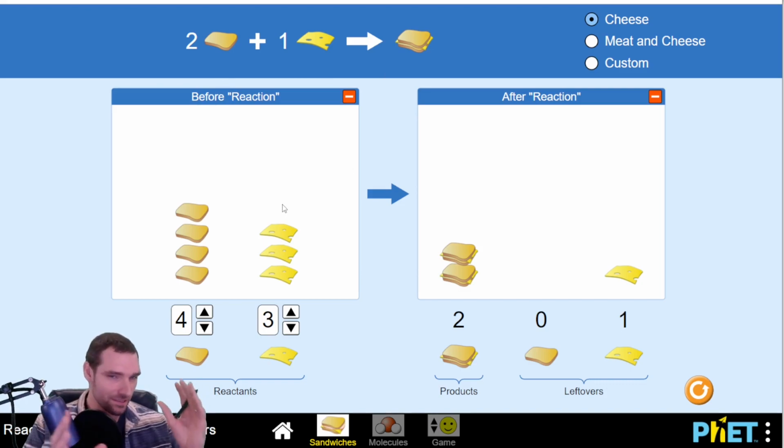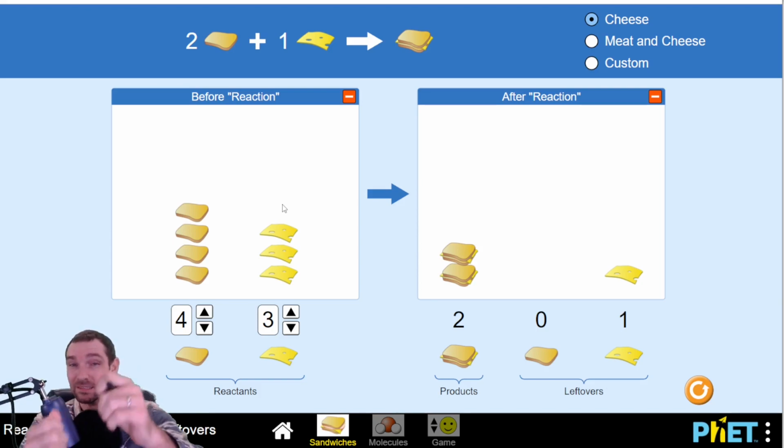So it's not just the amount of the reactants, it depends on how much you're putting into the reaction. And typically they don't give you molecules, they give you the weight. And so imagine if I gave you weights of bread or cheese and I said, how many sandwiches could you make from that?